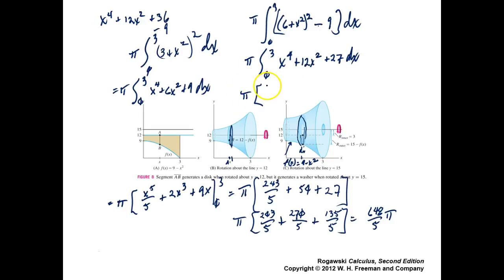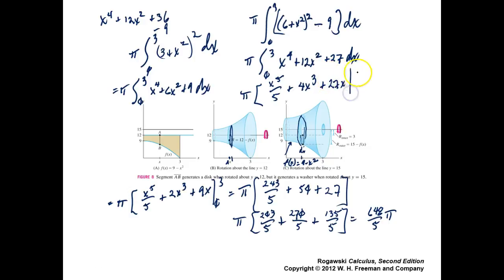What would that be? Help me. x to the 5th over 5, that's the same as before, plus 4x cubed plus 27x.